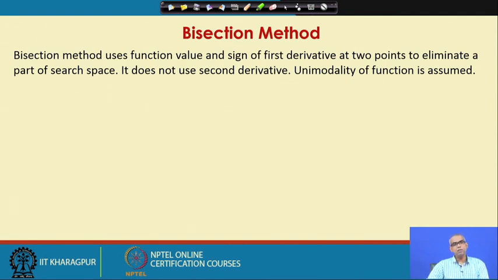In case of the region elimination method, the function values were used at 2 different points within the interval to delete a part of the region. In case of the bisection method, we make use of the first derivative information, more specifically the sign of the first derivative, to delete a part of the region.